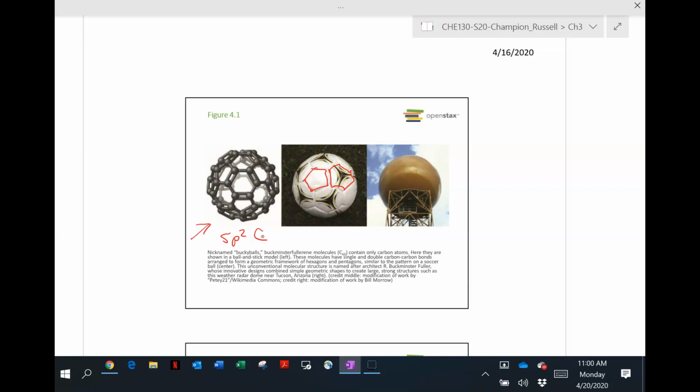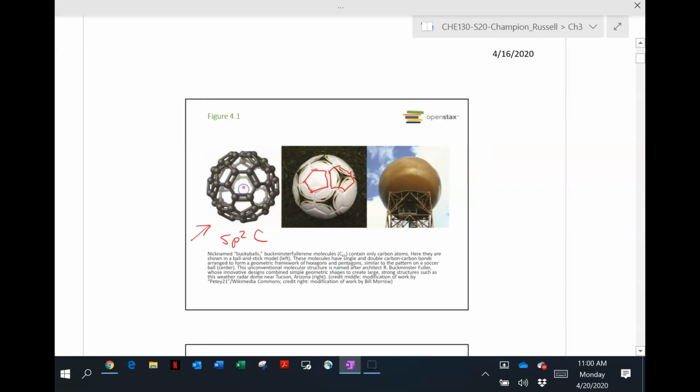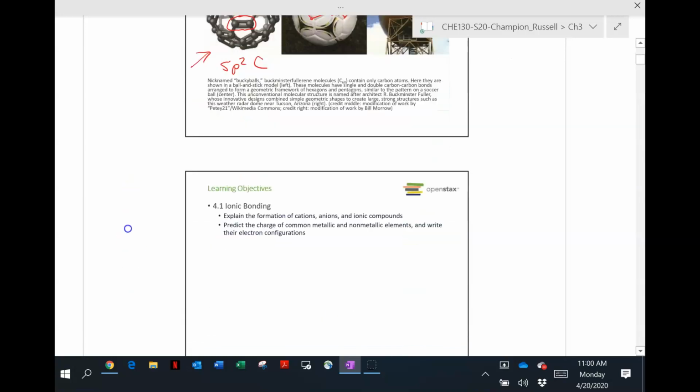You can see here what looks like two things together; those are double bonds on the bottom and single bonds on the top, and the balls represent the carbon atoms.